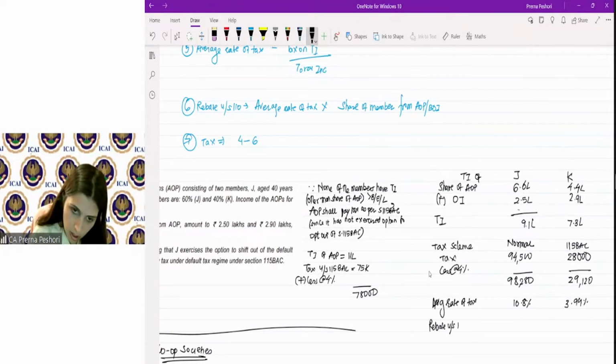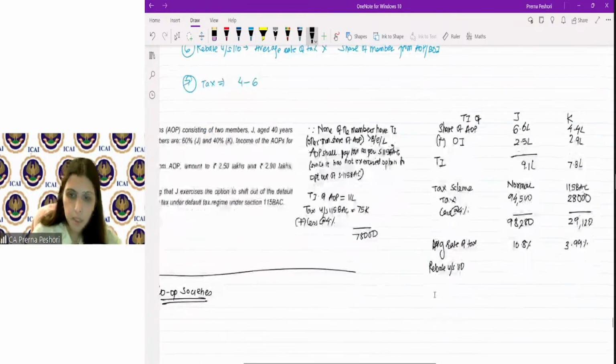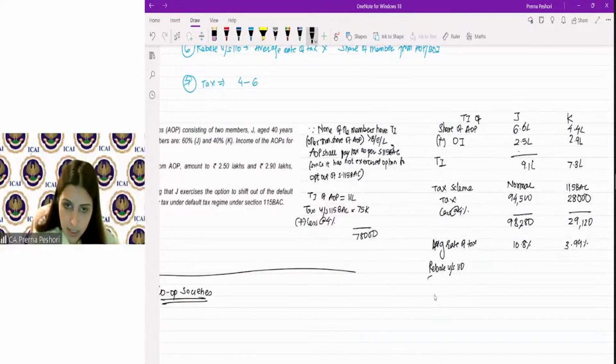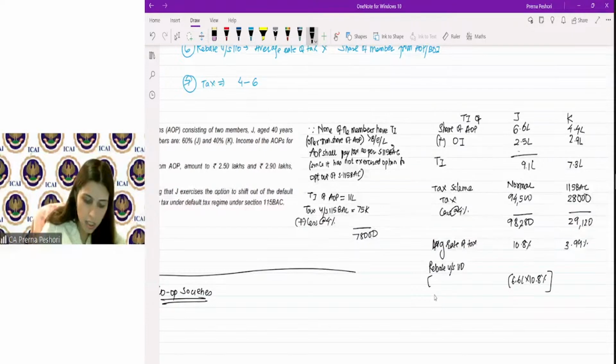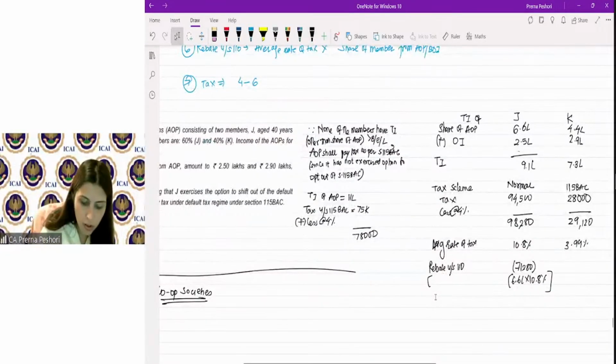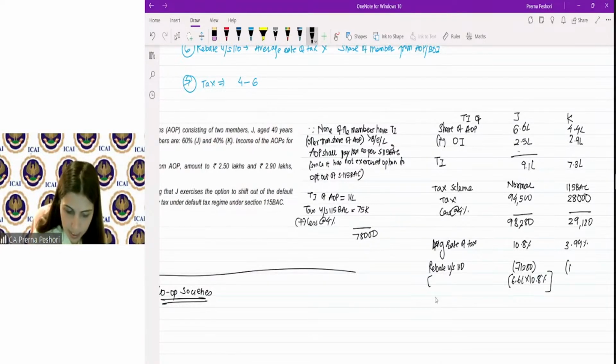Okay. So rebate under section 110. So 98,280 on that. So this is 6.6 lakh into 10.8%, so 71,280, and this will be 4.4 lakh into 3.99%, 17,556.